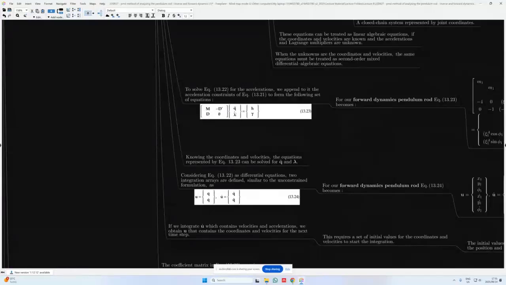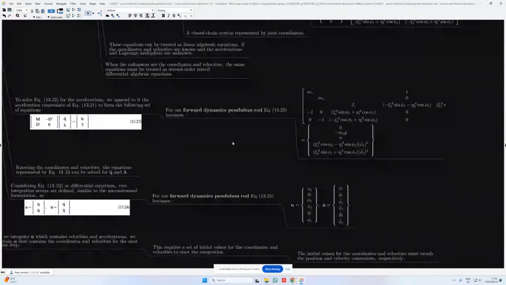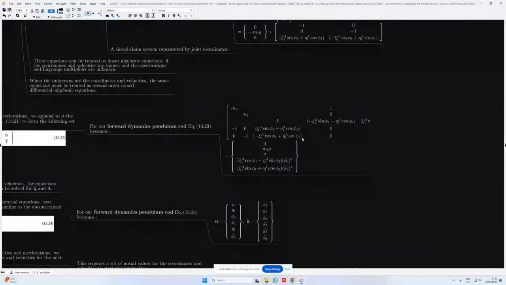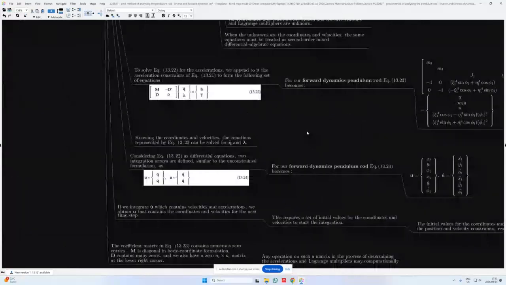This is multiplied by our acceleration vector and our Lagrange multipliers, which should be equal to the applied forces and this constant lambda over here as well. And in our forward dynamics pendulum rod, equation 1323 becomes this form that we have over here.